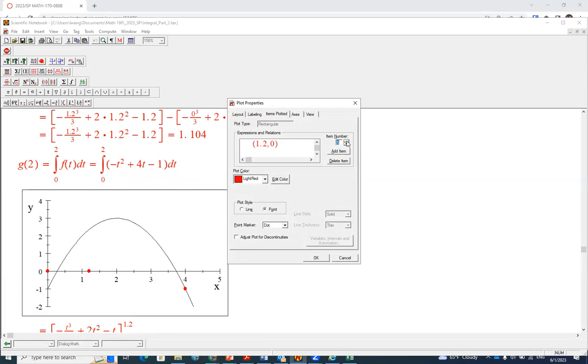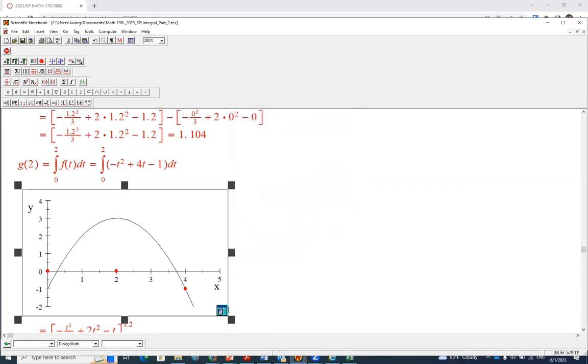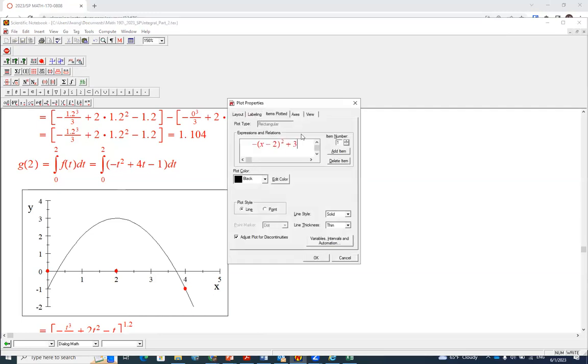The area is going to be this piece of area and all of these, up to 2.